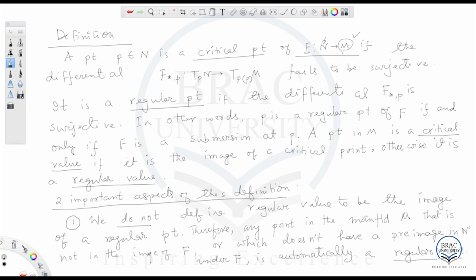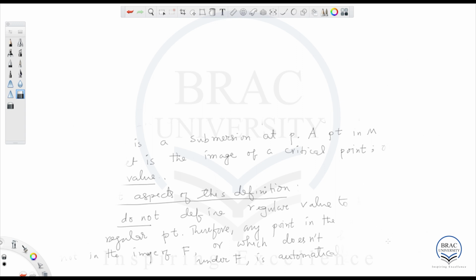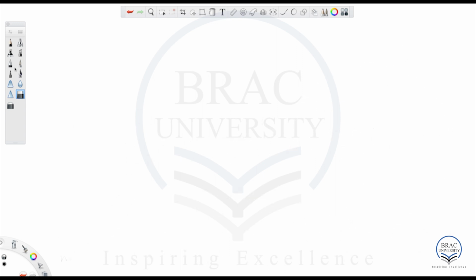That was the first point that I wanted to touch upon. Now the second point regarding this definition is as follows. Let me erase everything. So what is the map?